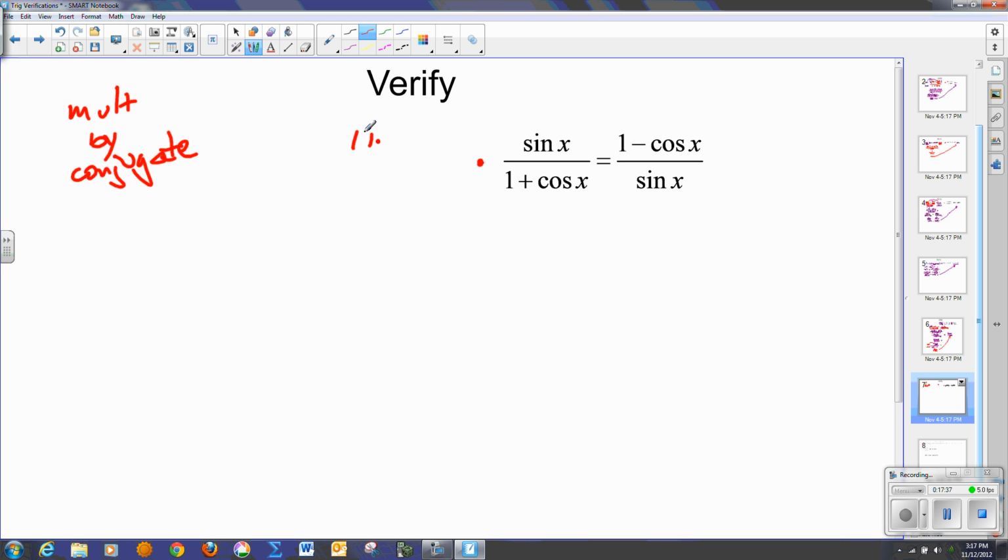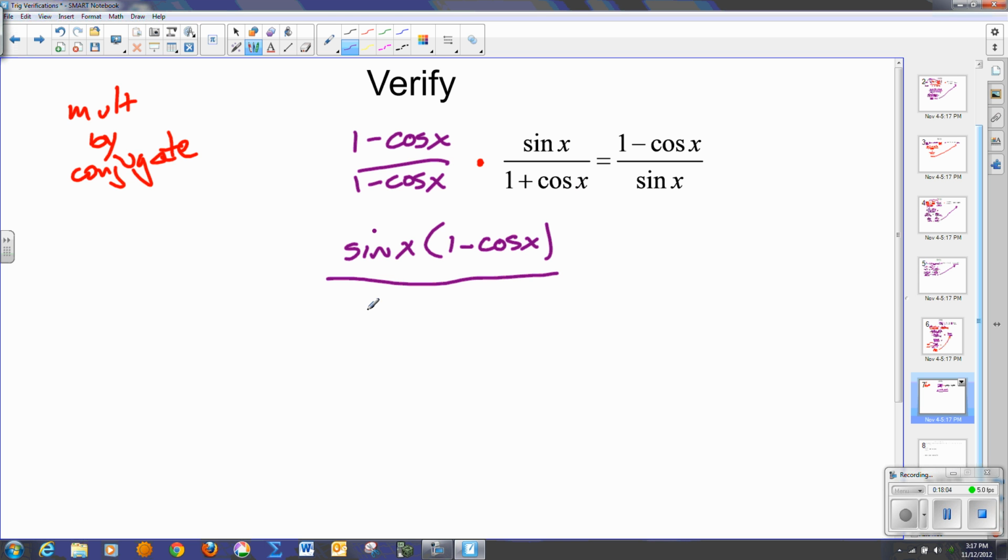So in this case, I'm going to multiply by the conjugate. Whoops. Let's change this up a little bit. I'm going to multiply by the conjugate of the denominator of this first term. So that's 1 minus cosine of x times 1 minus cosine of x. So this gets me sine of x times 1 minus cosine of x. I'm going to leave that. I'll show you why in a second. Notice what I get in the denominator. I get 1 plus cosine minus cosine goes, minus cosine squared of x.